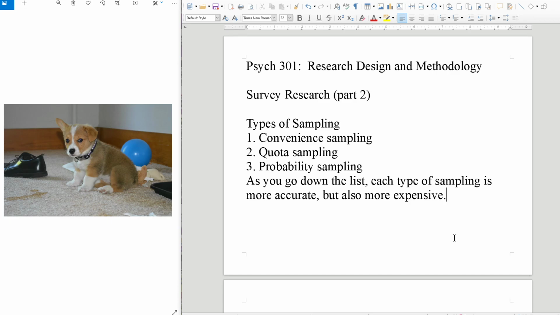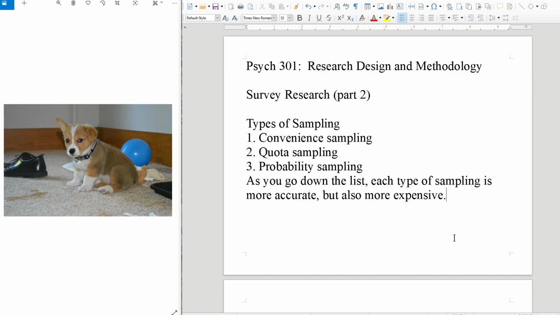Now, that means that we're only talking about degrees of accuracy when we're talking about the different sampling techniques. And so it can be the case that the costs of doing a particular type of sampling are not worth the increase in accuracy.